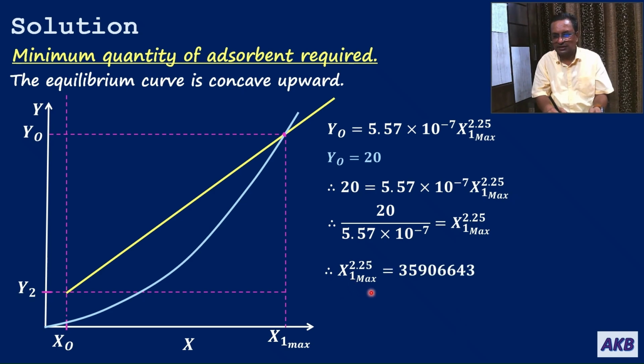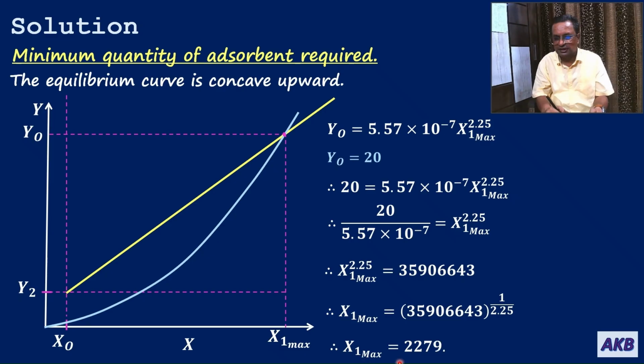This quantity is 35906643. So x1 max will be equal to 35906643 raised to 1 upon 2.25. That gives us x1 max as 2279.583.